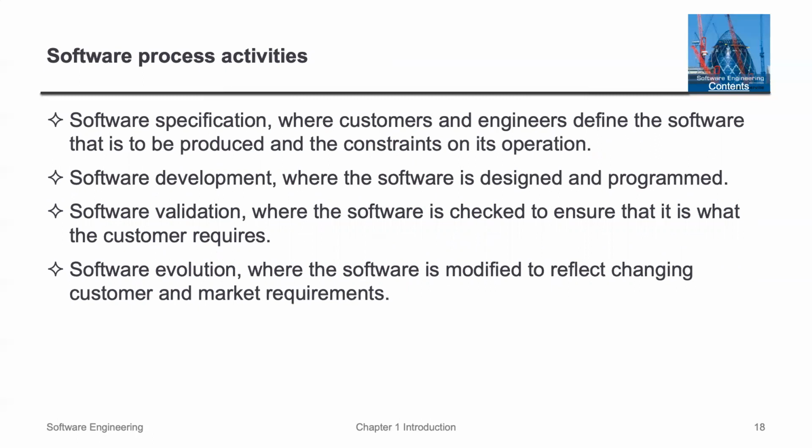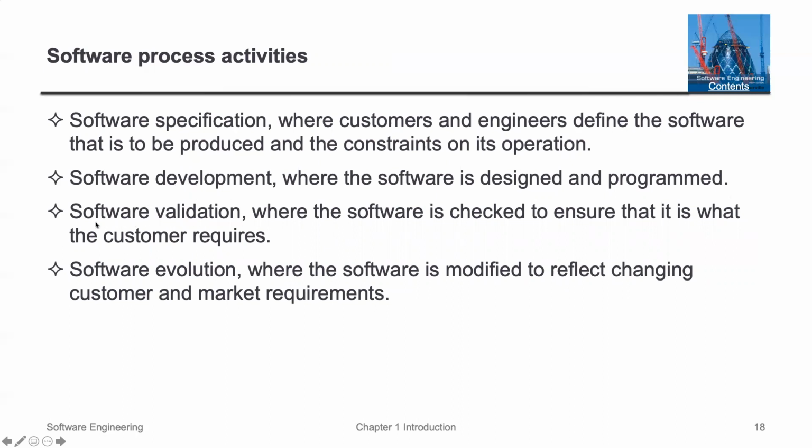So let's talk a little bit about the software process activities. There's software specification, software development, software validation, and software evolution. For software specification, this is where the customer and engineers define the software that is to be produced and the constraints on its operation. Software development is where the software is designed and programmed. So you need to figure out what you're going to do, and then you start to do that development.